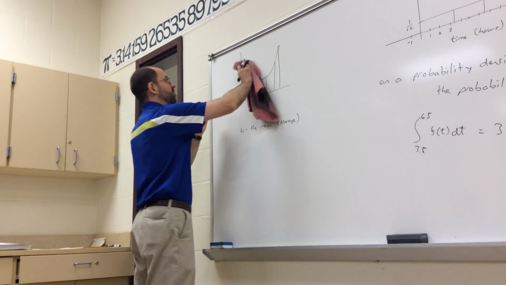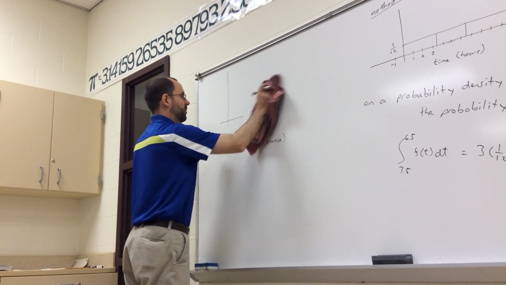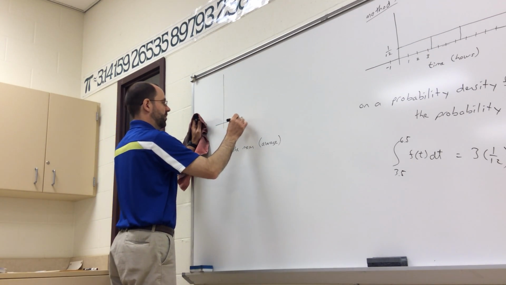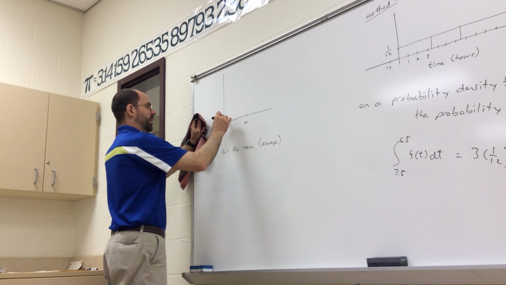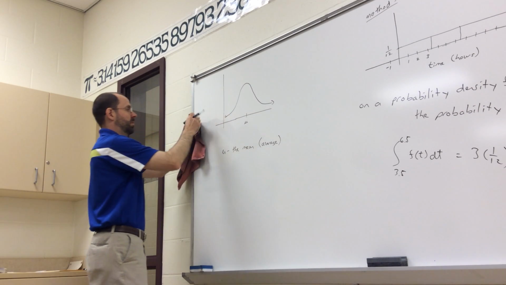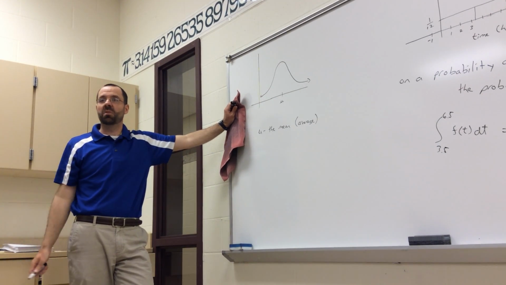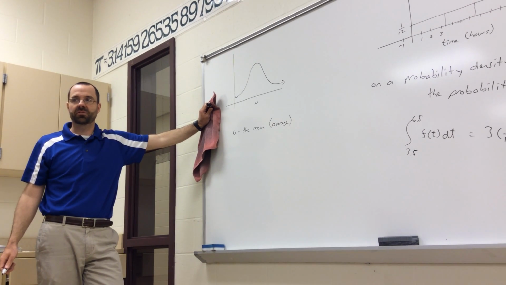Okay, so now I'm going to show you a graph that does meet both requirements, and this is the graph of the normal distribution probability density function. It looks like this. So the normal distribution is amongst the people called the bell curve.